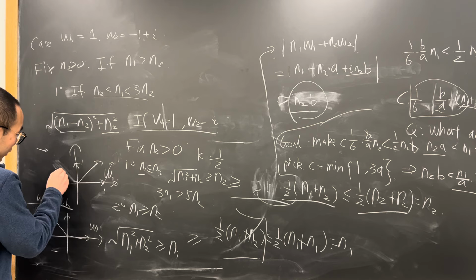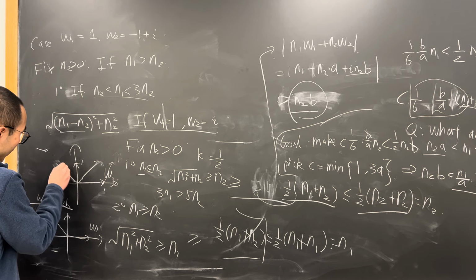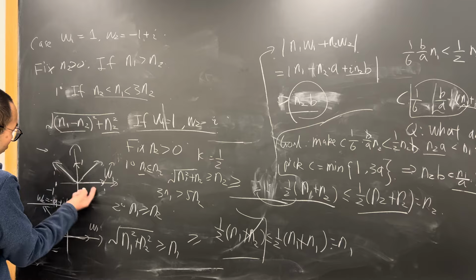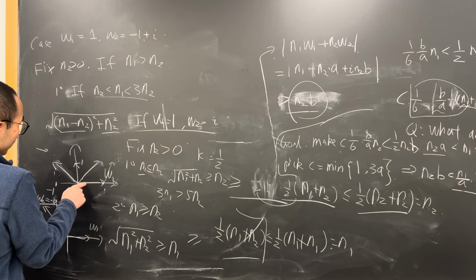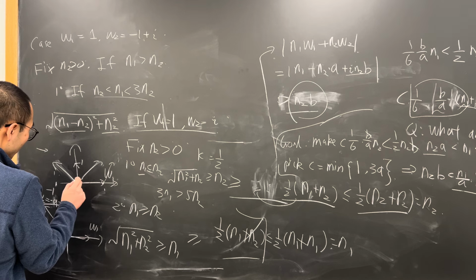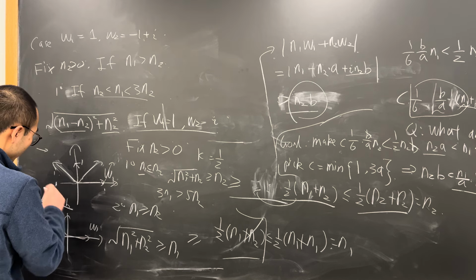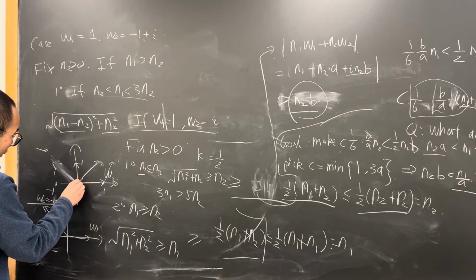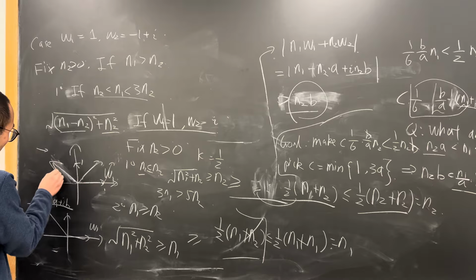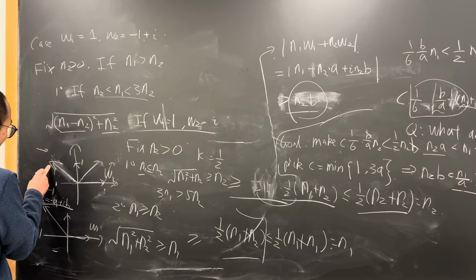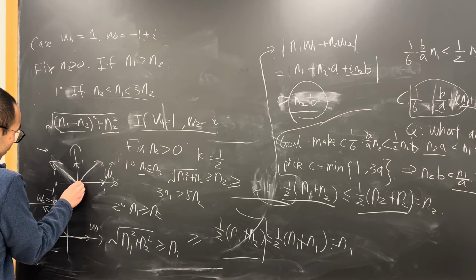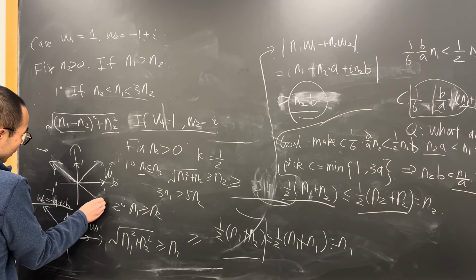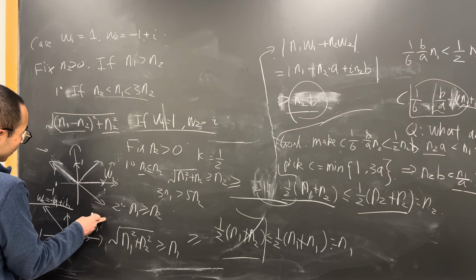For example, if W1 and W2 look like that, and this n1 and n2 are positive, then it fits into this case. And if W1 and W2 are like that, and this n1 is positive but n2 is negative, then it's like that.